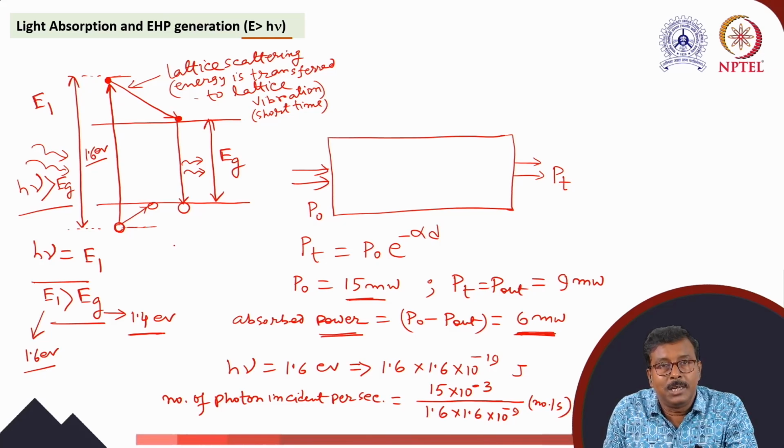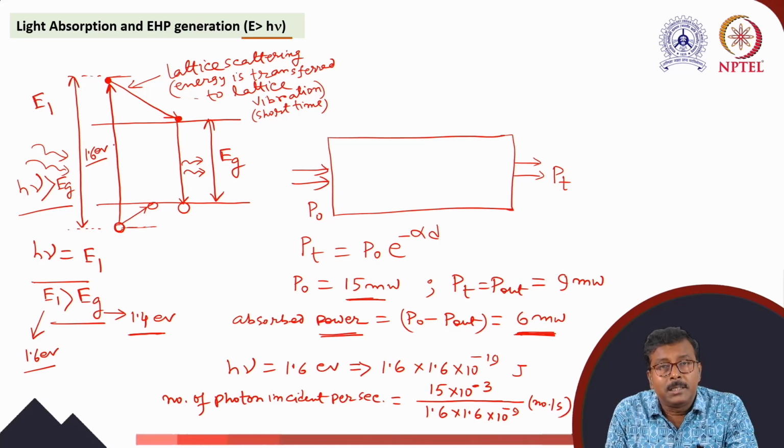Particularly for a silicon solar cell, the blue region of light will have higher energy, and in that case transition of electrons from deep in the valence band to a state above the conduction band minima occurs, and this amount of energy is transferred to the lattice. So lattice temperature is increased, and that will be a loss. That loss is called blue loss.